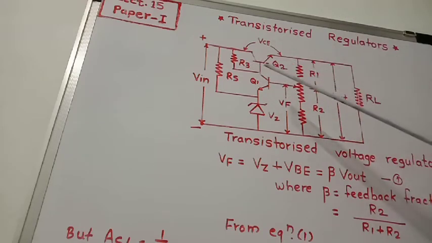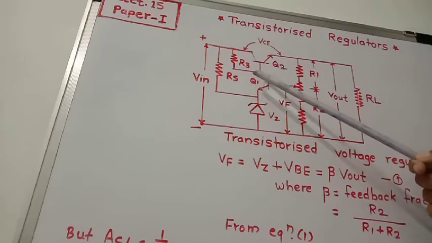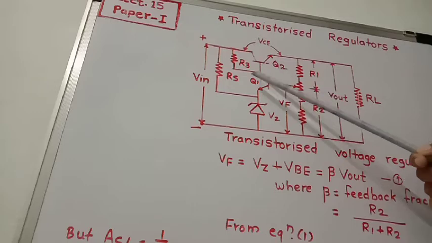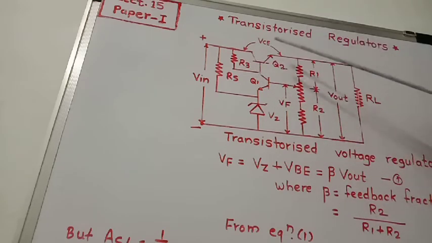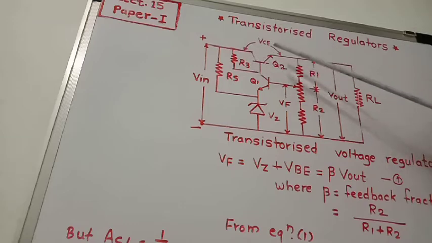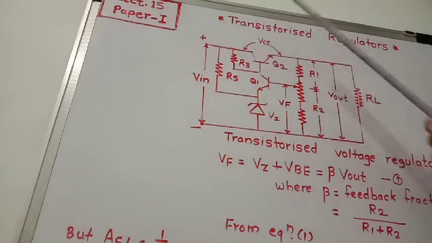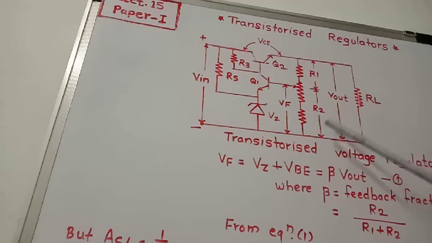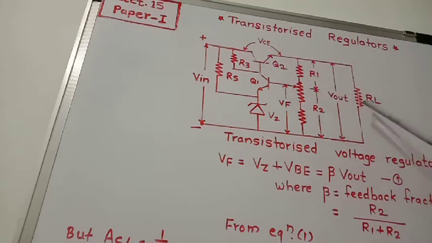So since VC1, or collector voltage of transistor Q1, decreases, then base voltage of transistor Q2 also decreases, and since base voltage of Q2 decreases, then the VCE increases, that is voltage across collector and emitter of transistor Q2 increases, and since VCE increases, then automatically the output voltage decreases, because this transistor is in series with RL.